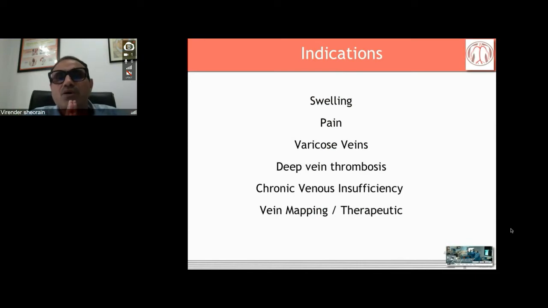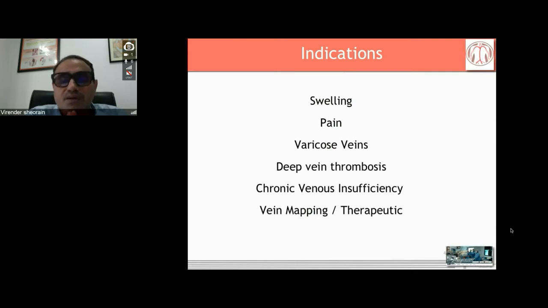The main indications for using ultrasound, Doppler or duplex in venous disease: the most common is a patient coming to you with swelling in the lower limb. The swelling can be acute, chronic, or acute on chronic.